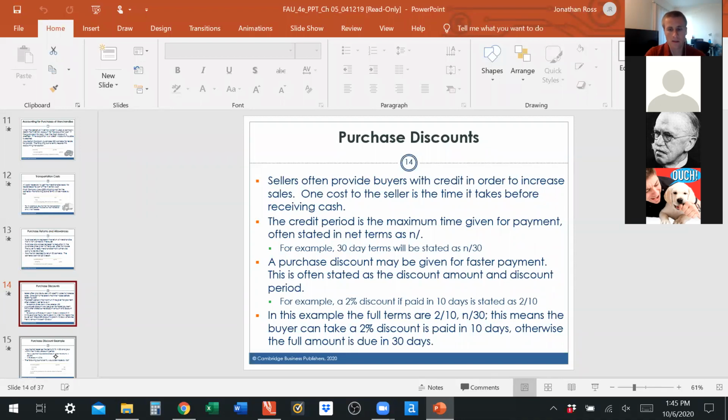On the invoice, it has these terms: 2/10, N/30. That means you, as the buyer, Callie, have 30 days to pay off the total amount. Otherwise, they will turn you over to a collection agency, or they'll charge you an extra fee. Those terms would also be stated on the invoice. But if you pay within 10 days, you get a 2% discount.